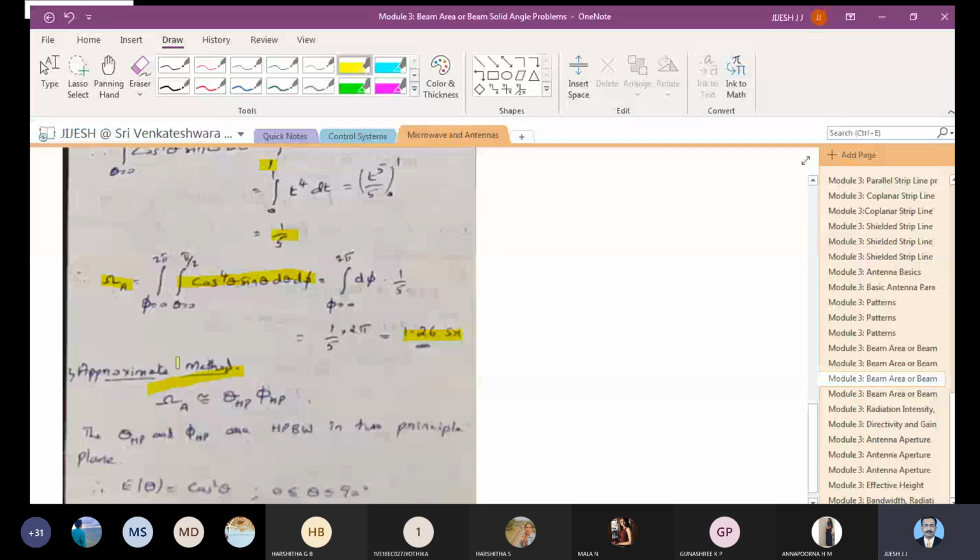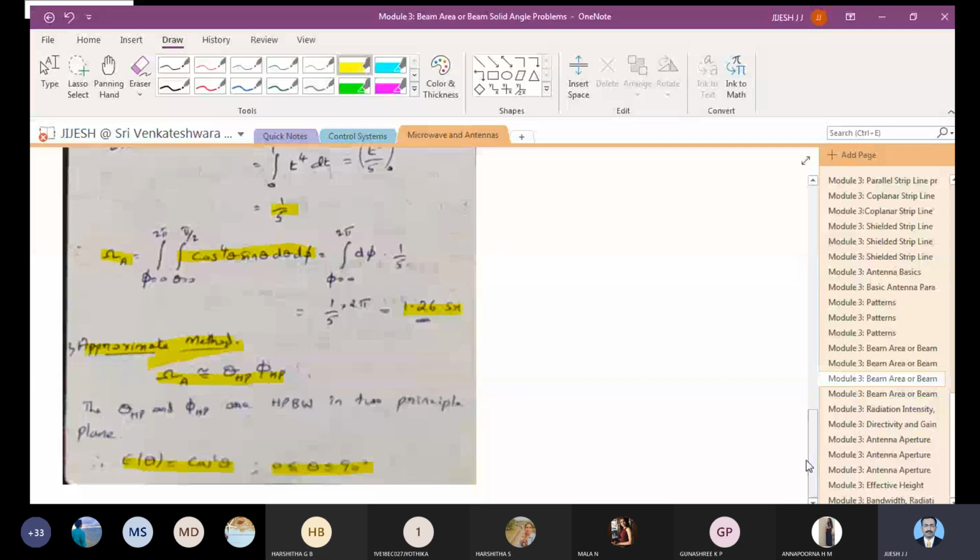When you see here, the function is given as E(theta) = cos square theta, and the limits are given from 0 to 90 degrees. So all of you start this approximate method. The exact method you got as 1.26. So theta half power and phi half power you need to find.